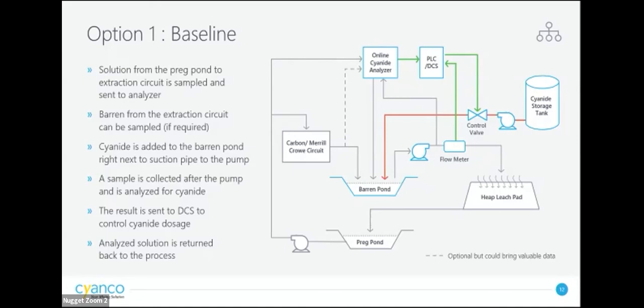You can sample one from the solution coming from the preg pond, another after the extraction circuit if required, and the third, which is very important, after the pump from the solution that goes into the heap. The result from the analyzer will then be sent to your PLC for the cyanide control.